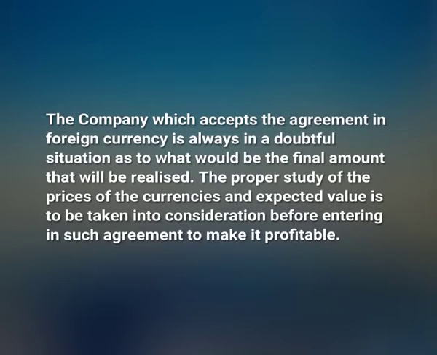Otherwise, generally the company supplying the goods or services prepares the invoice in its basic currency. The company which accepts the agreement in foreign currency is always in a doubtful situation as to what would be the final amount that will be realized.